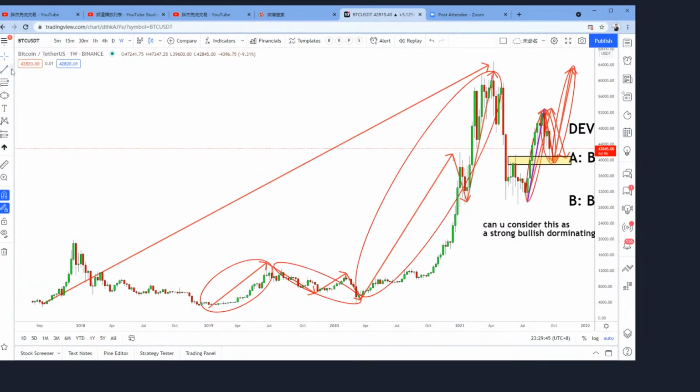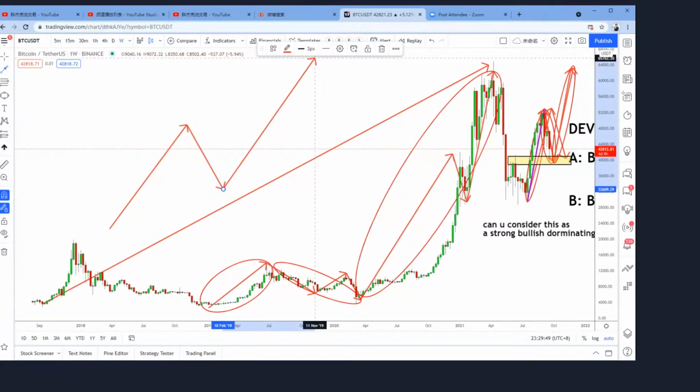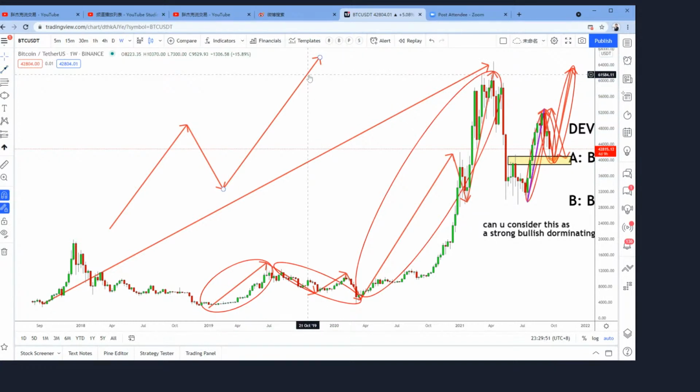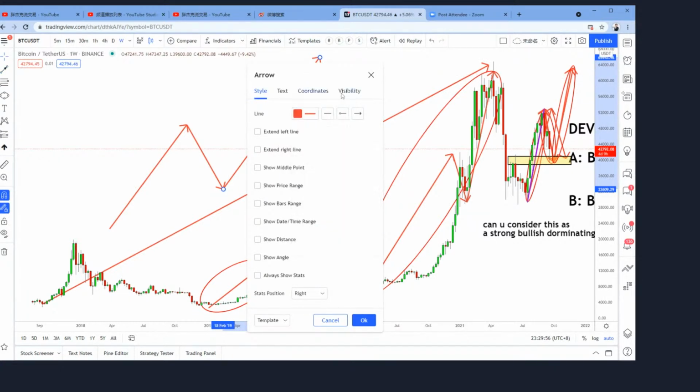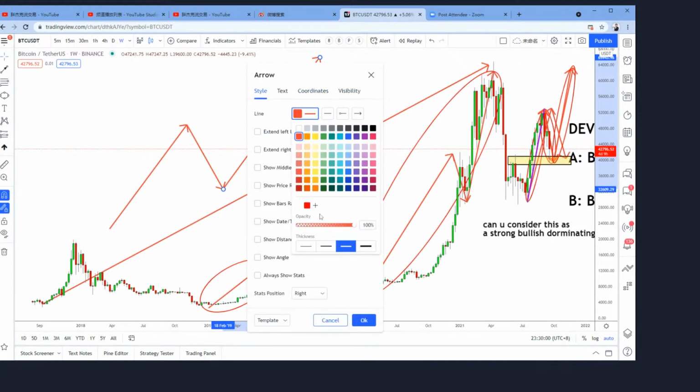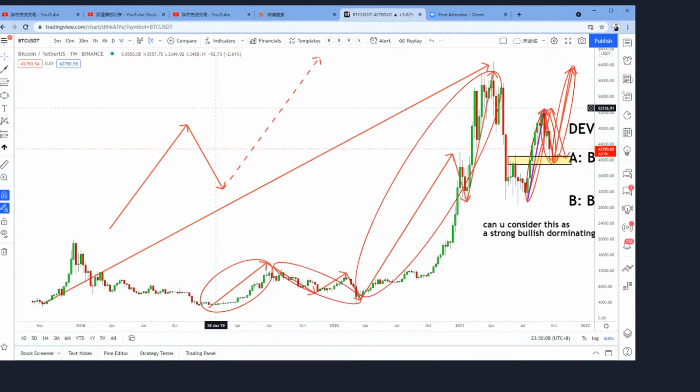So do you have any belief in patterns like this? Okay, let me just draw this as a dash. So this isn't something that may happen, it has happened, right? Okay, let me just change the arrow, okay, dash right here.